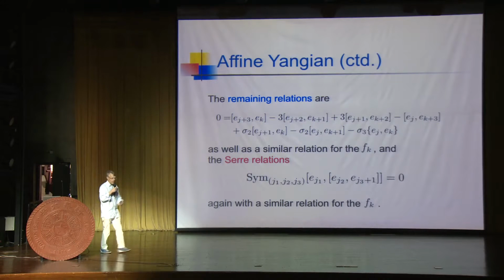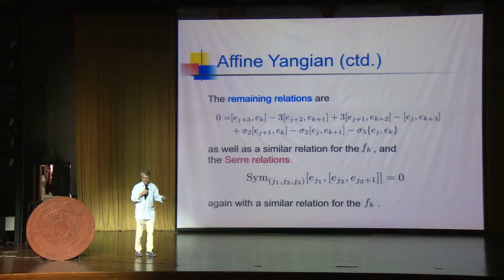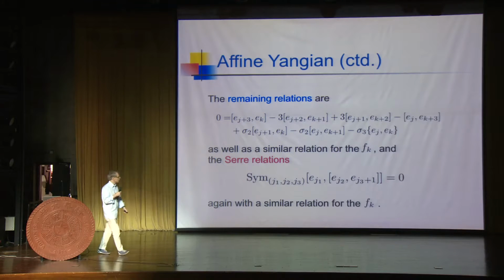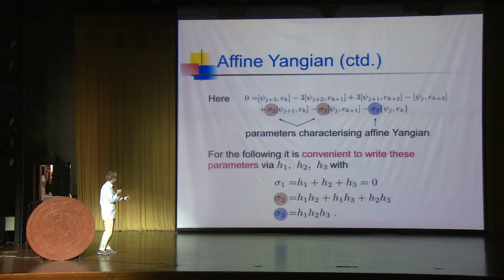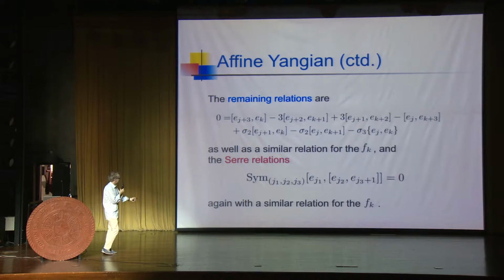Now, as I said, there are additional relations that characterize the affine Yangian. So the additional relations are a relation involving two E's that is somewhat similar to the relation between psi and E. So this is now a relation involving two E's, and it's of the same sort of type. And then there's a similar relation for the F's.